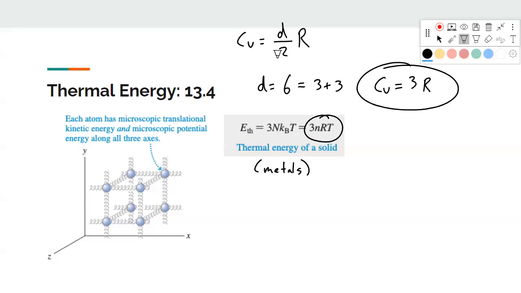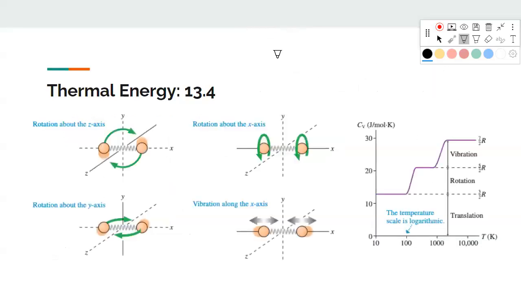And so just be careful with this though, because this is a molar heat capacity. So in order to find the typical specific heat capacity, we would want to convert that into joules per kilogram Kelvin instead of joules per mole Kelvin. So right, this will give you something in joules per mole Kelvin. Okay, so like I said, I'll make a note about this.